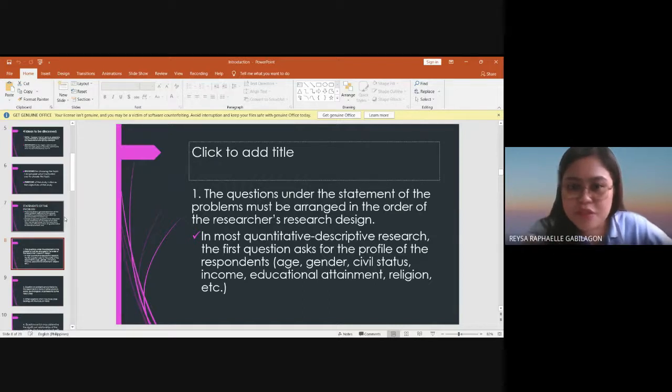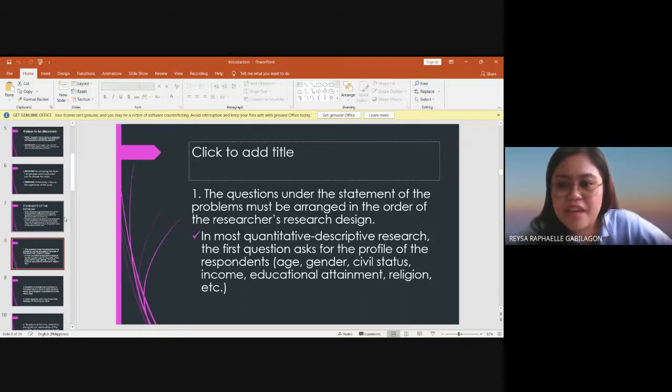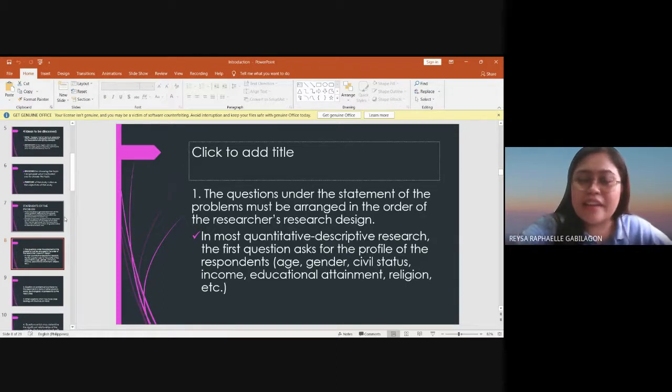Okay? So, the demographic profile: age, gender, civil status. Pero it's actually the decision of the researcher kung anong demographic profile ang i-include niya sa kanyang SOP. Kasi hindi naman necessary na lahat talaga about sa respondents yung profile nila ilagay natin. Depende yan siya sa kailangan ng study ninyo.